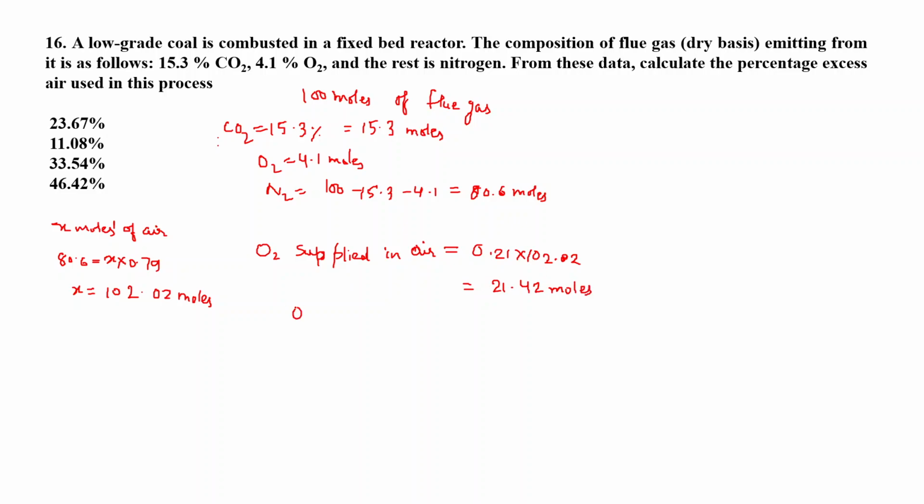Now oxygen consumed in combustion. These are the oxygen supplied with air, and in the question it is given which is the excess oxygen as it is given out with flue gas.